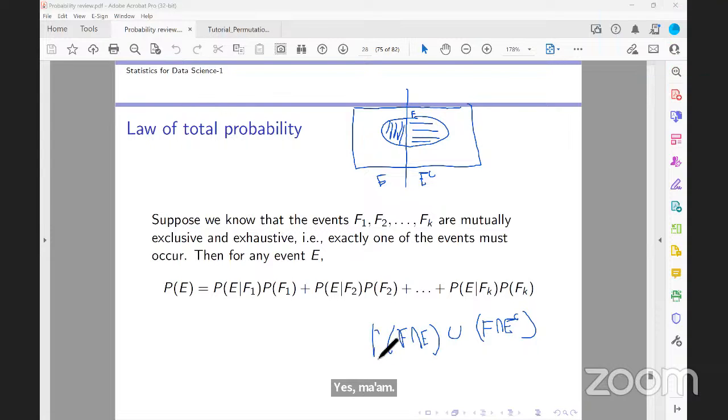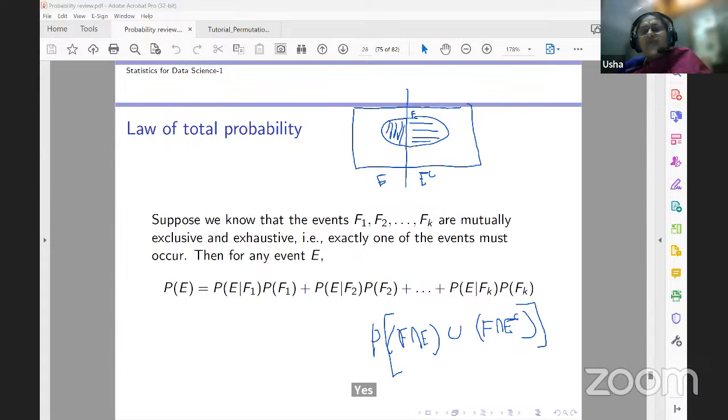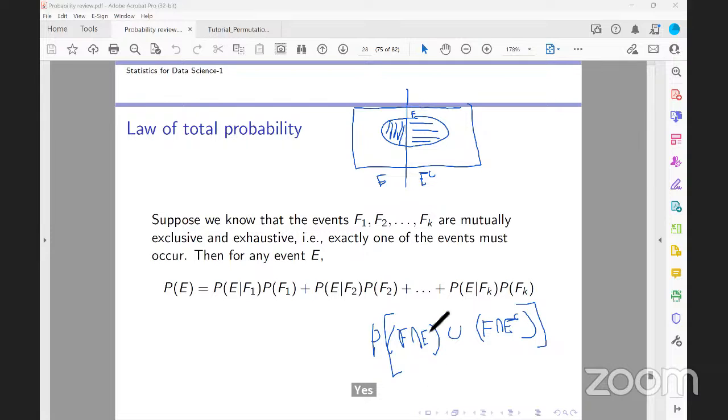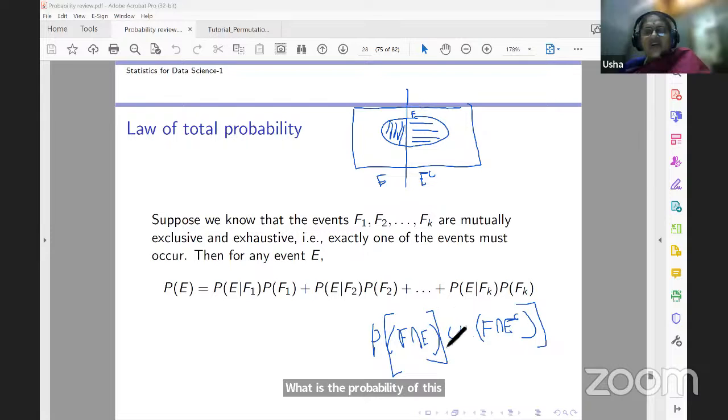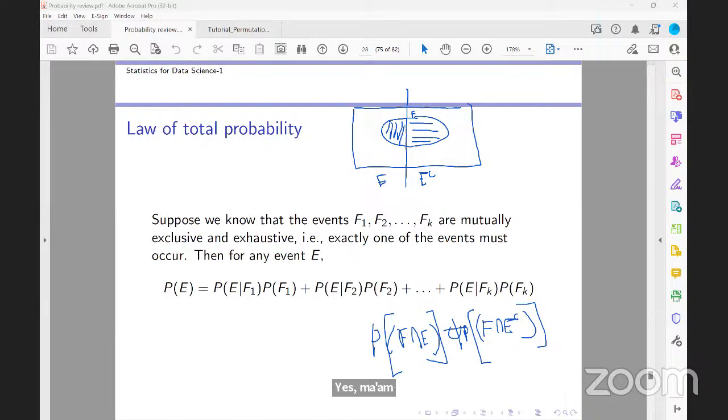So what is the probability of this union? Because they are disjoint, it is the sum of the probabilities. Agreed?